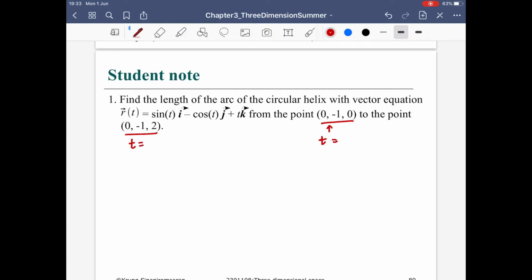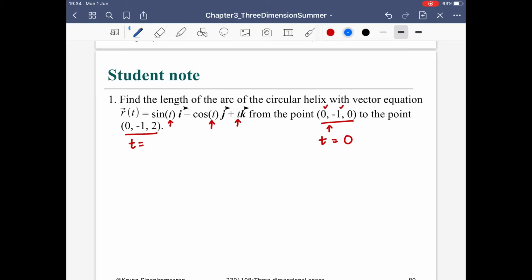If you look at your curve r(t), the last component determines t immediately, because the last one is just t itself. So this one should be t equals 0. Check it again: if t is 0, you get -1 as the second component and 0 as the first component.